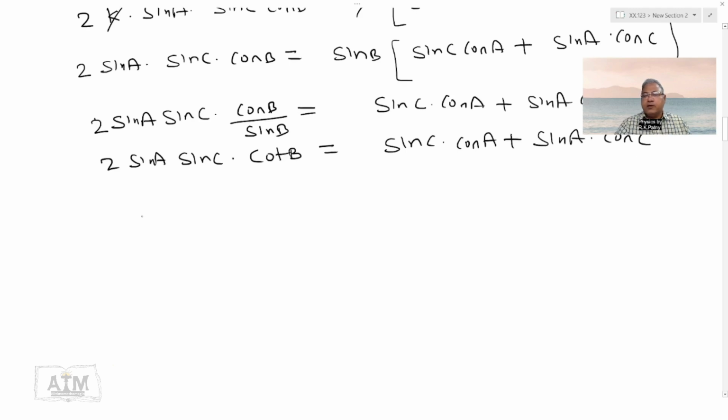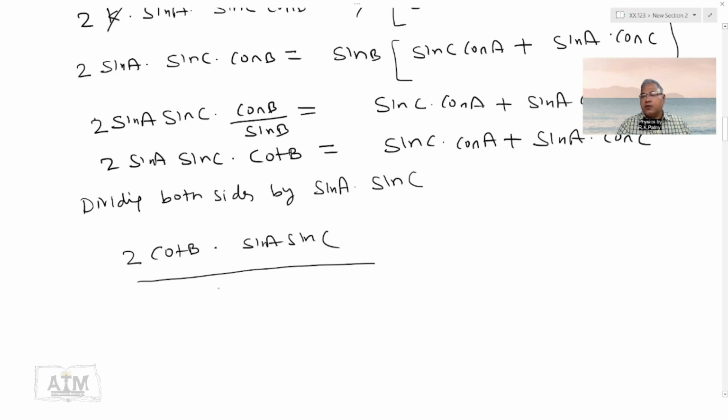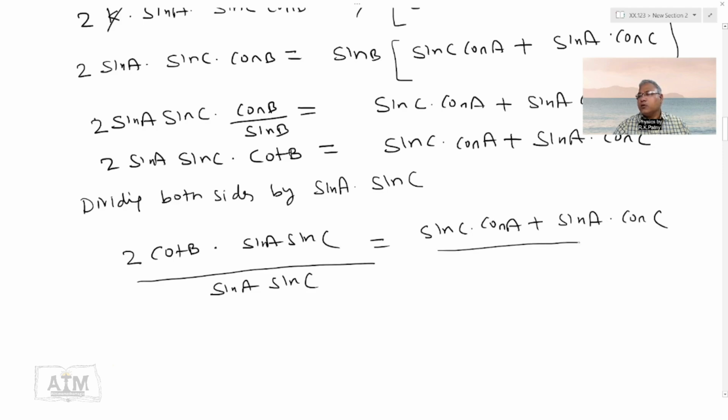Now dividing both sides by sine A sine C, we get 2 cot B into sine A sine C upon sine A sine C equals sine C cos A plus sine A cos C upon sine A sine C. Sine A cancelled here, sine C cancelled.